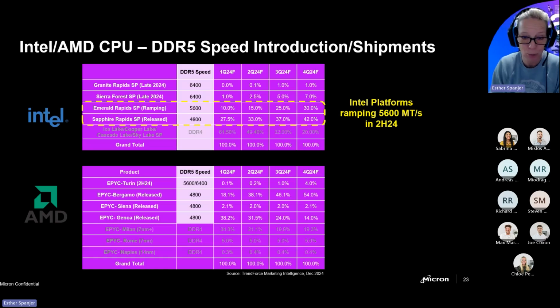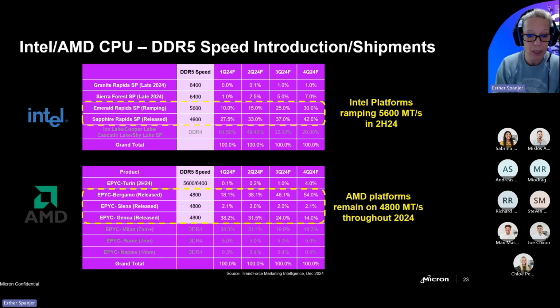From a DDR5 bandwidth perspective, the majority of their motherboards are going to ship based on either 4800 or 5600 speed DDR5. And then later this year, when they're coming out with the Sierra Forest and the Granite Rapids platform, we also start seeing 6400 based speed.